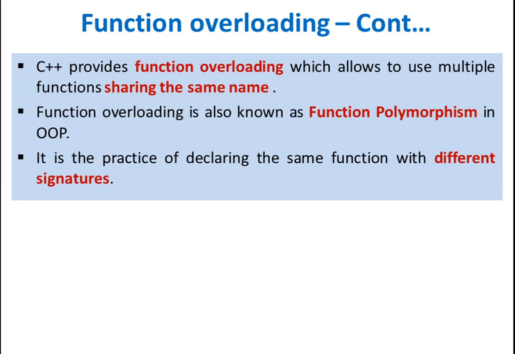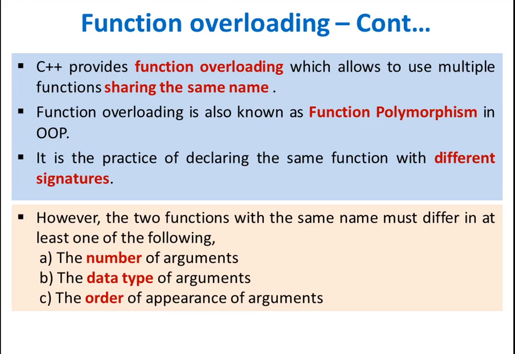It is the practice of declaring the same name function with different signatures or different parameters. However, the two functions with the same name must differ in at least one of the following: the number of arguments, the data type of arguments, and the order of appearance of arguments.